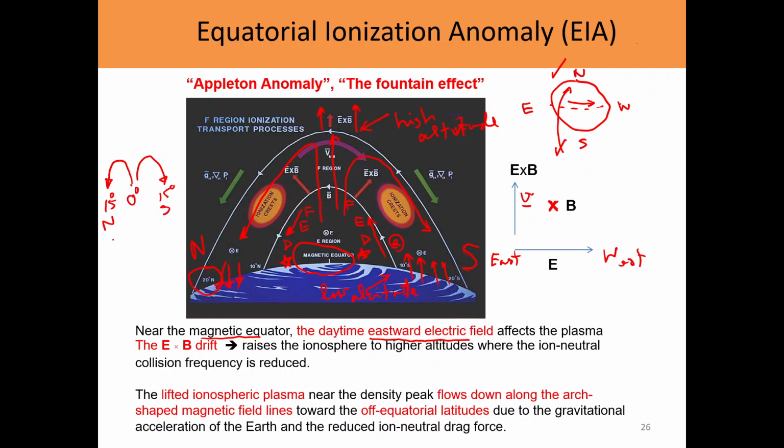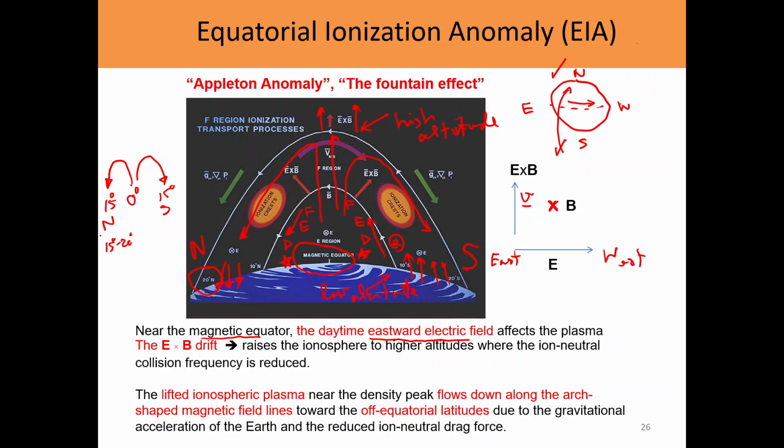Some people just say it's 15 to 20 degrees. So it means that during daytime, if you measure the electron density at the equator, you should get a lower value than at 15 to 20 degrees in the northern and southern hemisphere.